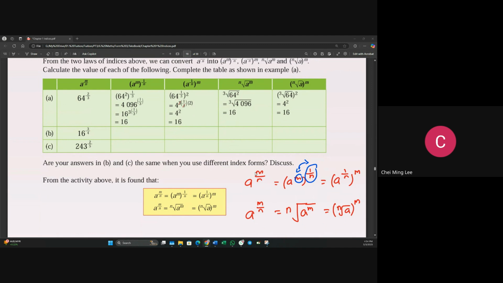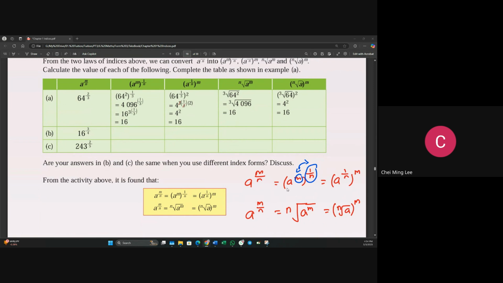When a to the power of m over n is a to the power of m multiplied by 1 over n, m moves upward, so it becomes this, and this can be the value also. So a to the power of m over n should be the nth root of a to the power of m. Or you can say the nth root of a, all raised to the power of m, as well.